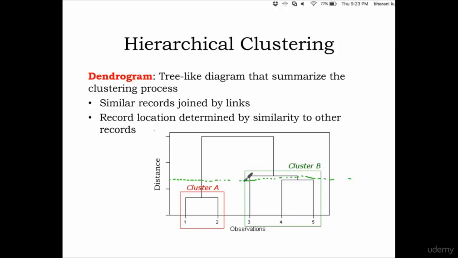A and B form one cluster, record 3 is considered another cluster, and 4 and 5 is one cluster. So now you have 3 clusters. It always depends on your business strategy. The clustering that you do always depends on the business strategies that you have.